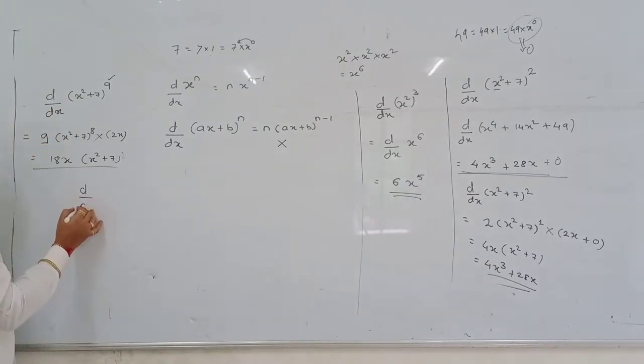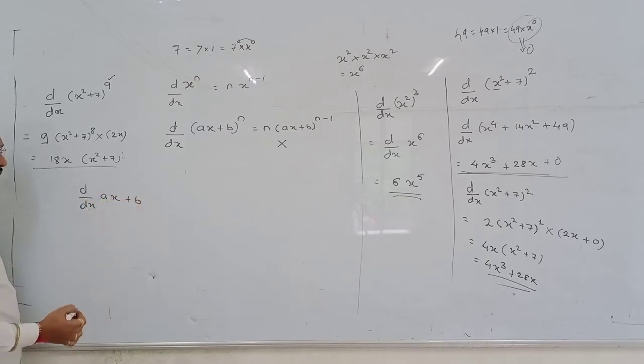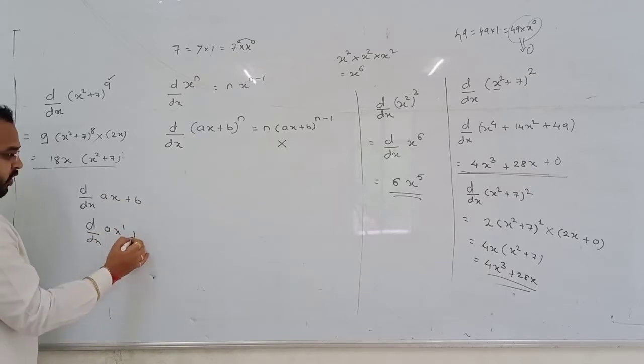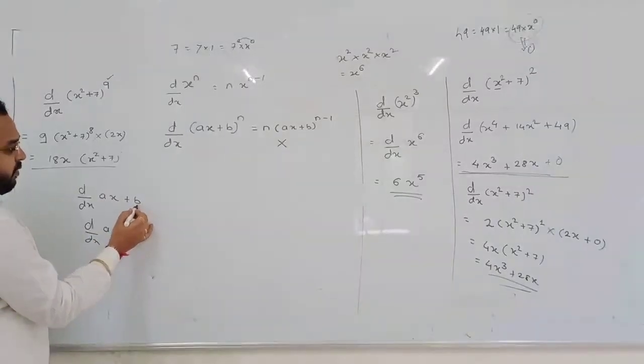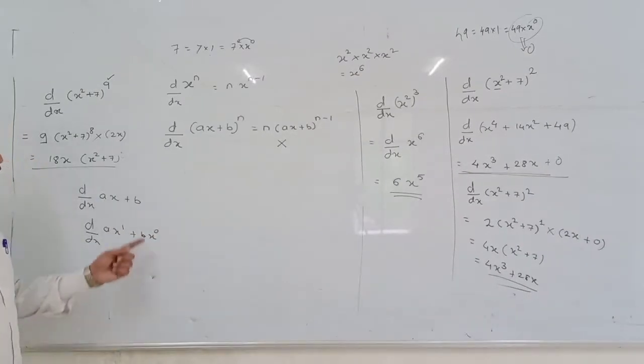What is the differentiation of ax plus b? Tell me, for a, the power is not given, that means the power should be 1: ax to the power 1. Here nothing is given, that means b into 1, and 1 can be written as x to the power 0.